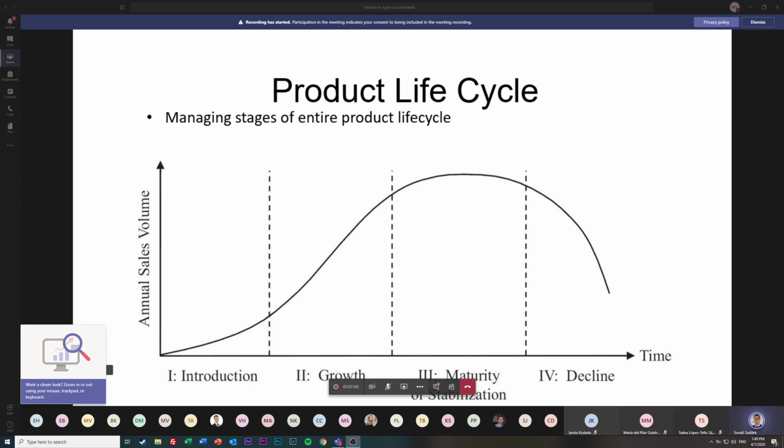What about the growth stage? The growth stage. If the market growth rate is growing and the relative market share is growing, perfect, those are the stars, you understand it well. For the maturity and stabilization, the cash cows, perfect.